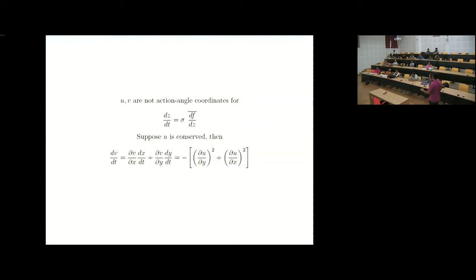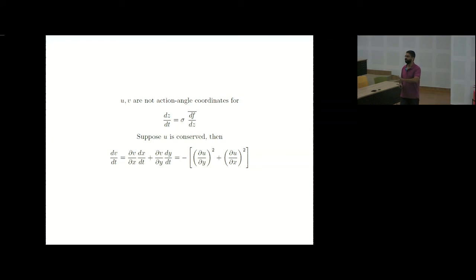So yeah, they are straight line paths in the uv plane, but they're not action angle coordinates. They are canonical coordinates, but they're not action angle coordinates. All right, so the idea is you want to generalize this trick with Hamiltonian systems.